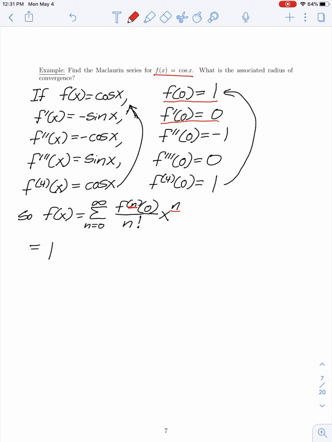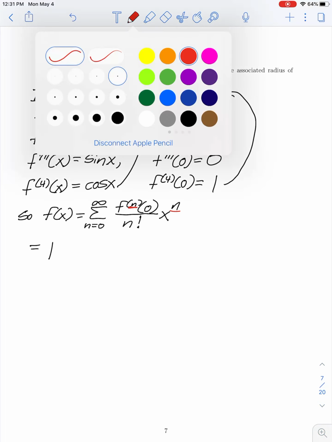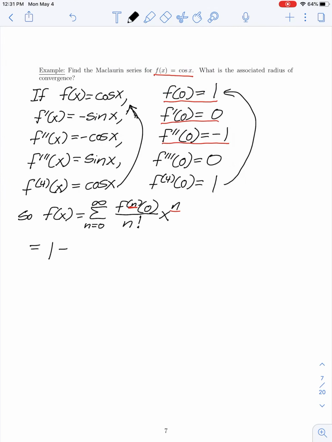Now for our next term, when n equals 2, we're looking at f double prime of 0, which was a negative 1, divided by 2 factorial times x squared. Then moving to our next term, when n equals 3, well, our third derivative at x equals 0 was 0, so there is no x cubed term.